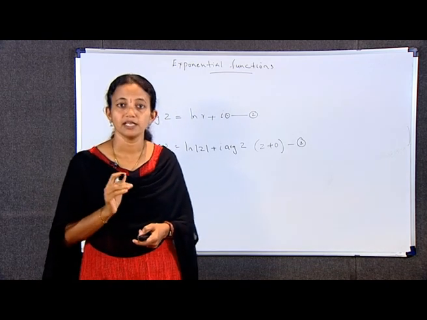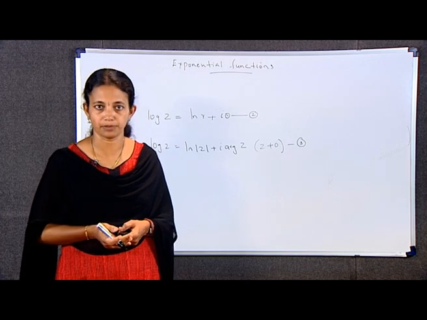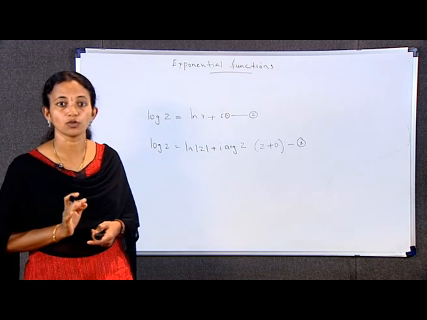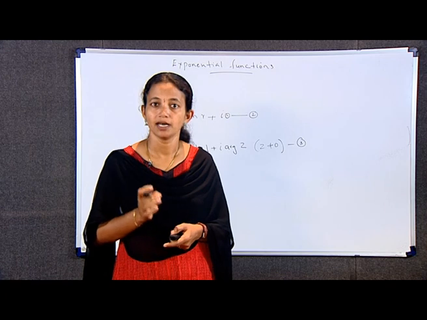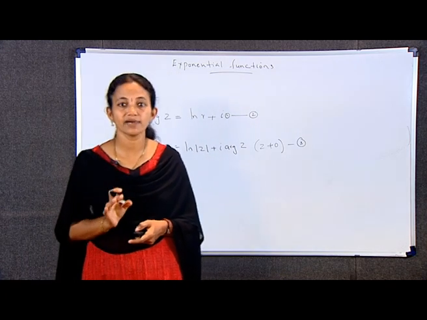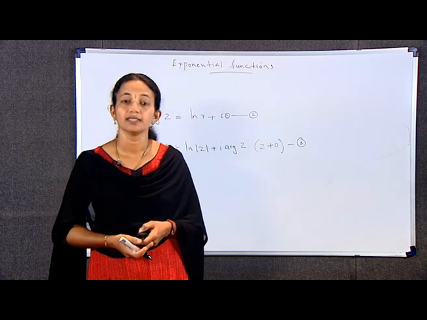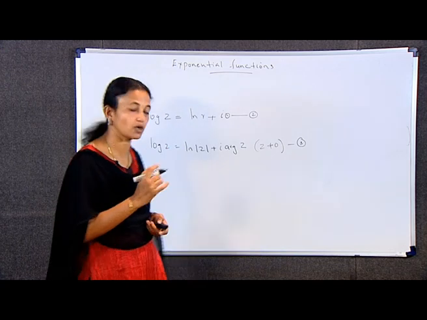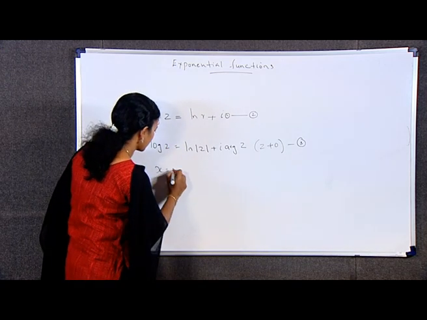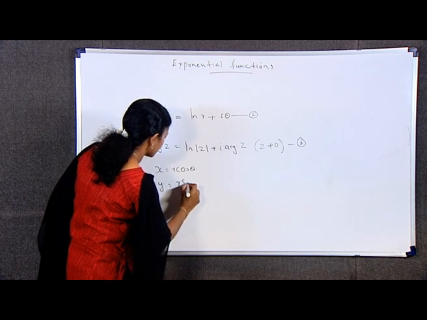We note that if z is equal to x plus iy is a non-zero complex number, argument of z is equal to tan inverse y by x, which is multiple valued. However, there is one and only one value for theta lying between minus pi and pi, satisfying x equal to r cos theta and y is equal to r sin theta.